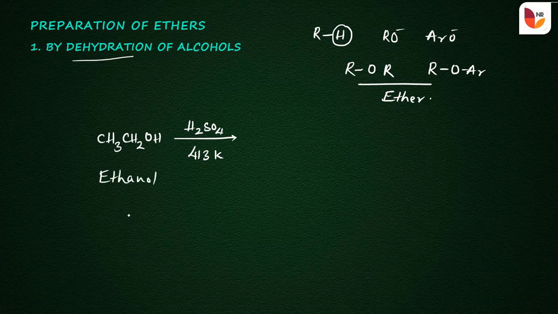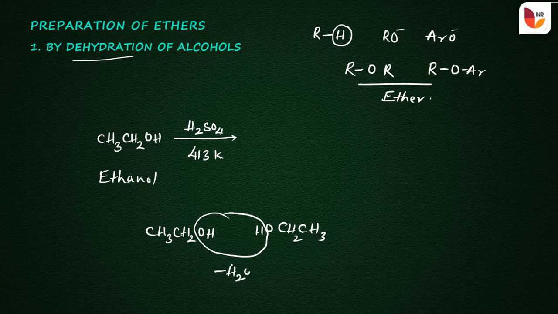is converted into ether: one molecule of ethanol, CH3CH2OH, and another molecule of ethanol, CH3CH2OH, undergo a dehydration reaction, that is removal of a water molecule. The obtained product is CH3CH2, the alkoxy group O, CH2CH3.